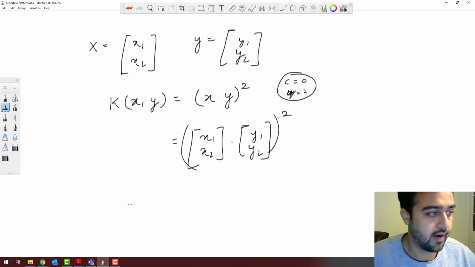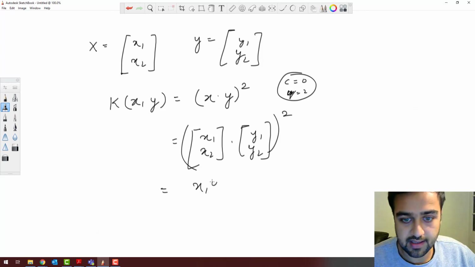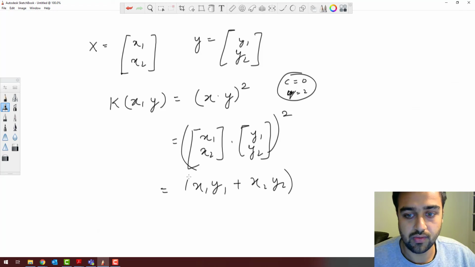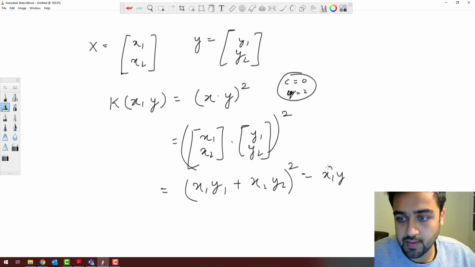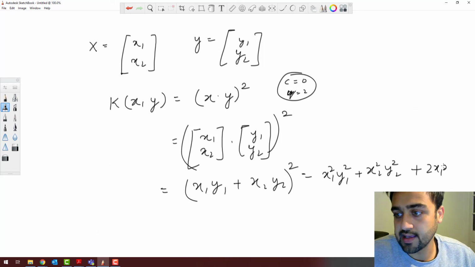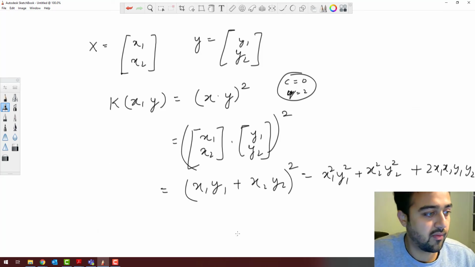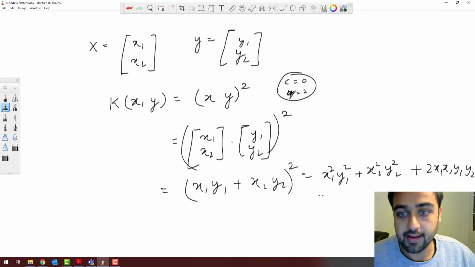x1, x2 and y1, y2. This would give us, as it is a dot product, (x1 y1 plus x2 y2) squared. This would lead to x1 squared y1 squared plus x2 squared y2 squared plus twice x1 x2 y1 y2, right?